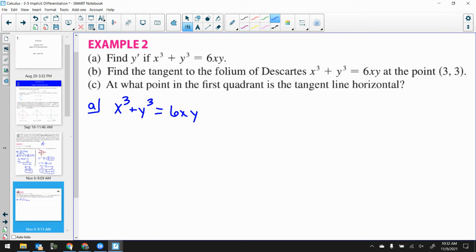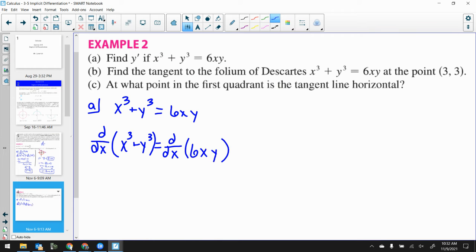Now, this function is not as easy to differentiate because I don't just have a number on the other side. So I want to find d over dx of x to the third plus y to the third, and d over dx of 6xy.